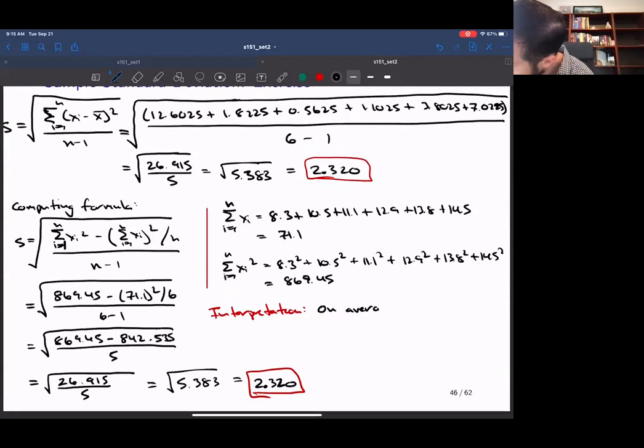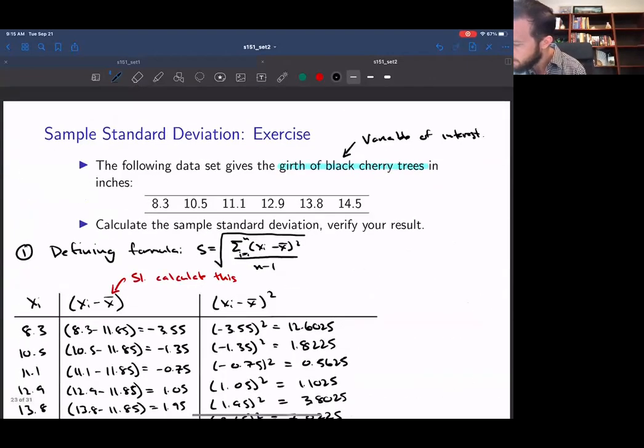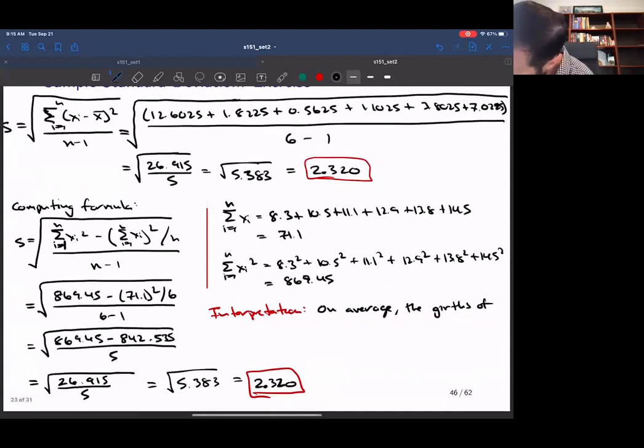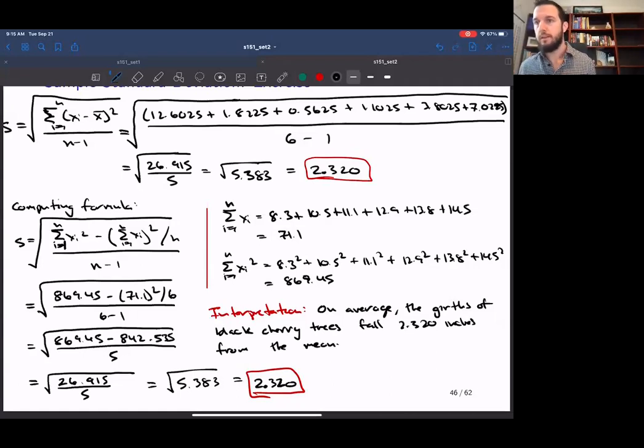on average, the girths of, I think they're black cherry trees, yeah, the girths of black cherry trees fall 2.32 inches from the mean, essentially.